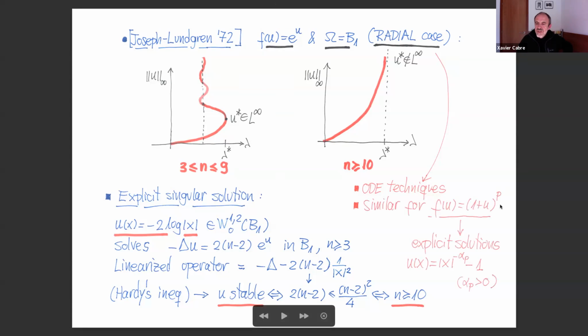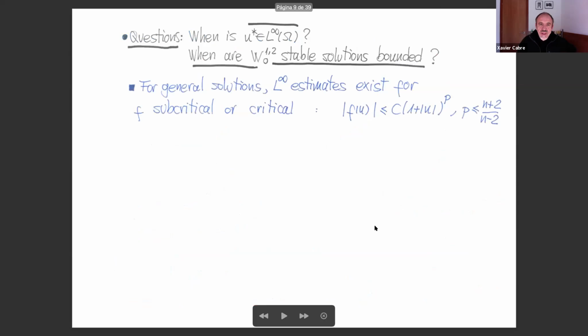Okay, for the powers, similar thing. There are explicit solutions. You make the same computations, and you get that they may be stable, but only in high dimensions, in dimension 11 and higher, always in the unit ball. All right. So the question is this: when is the extremal solution bounded, or more generally, when are energy stable solutions bounded?